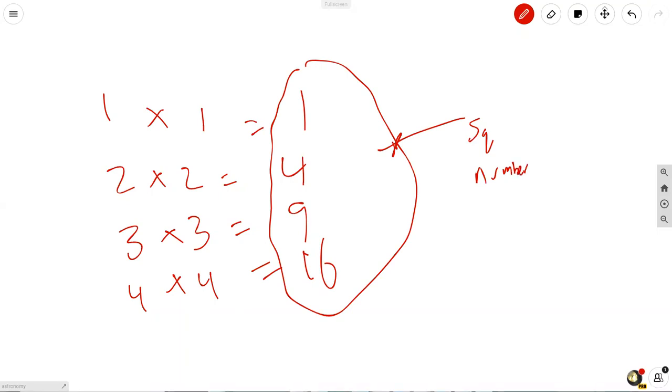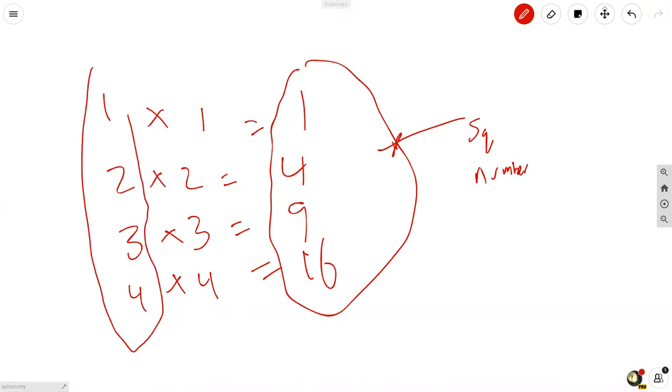Okay, what do we call these numbers over here? Square roots. They are the roots of the square numbers. Does everyone get that so far? Okay, so what we're going to do is focus on this today.